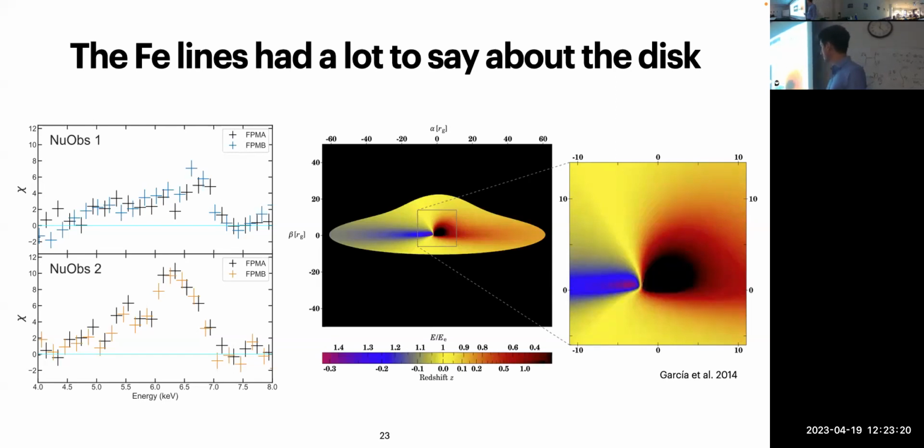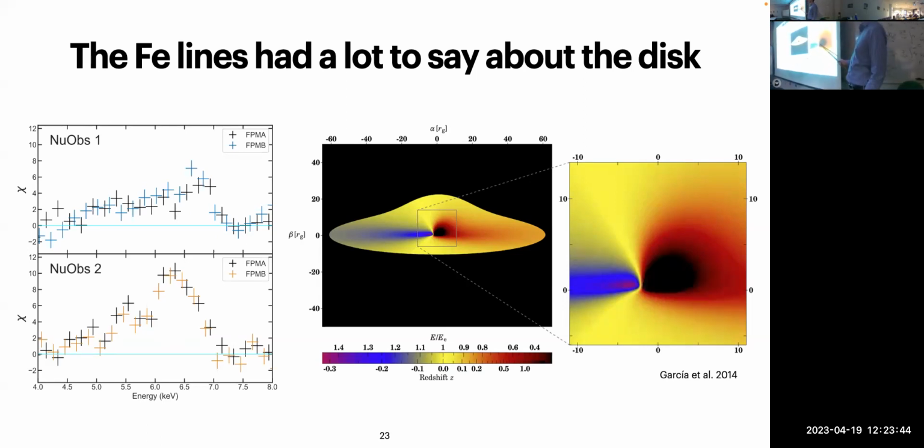This is the result of a ray tracing simulation of an accretion disk with a black hole accretor right here. This block is just zoomed in on the disk, and this is what it would look like to an observer at infinity. More red means the emission is more redshifted, more blue means it is more blueshifted.